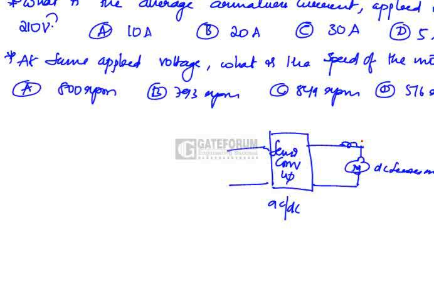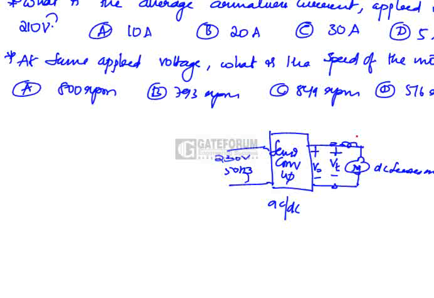Here we have a field winding in series with the DC motor. Let us take this as the output voltage of the converter, and this as the input terminal voltage to the motor. Now he has supplied 230 volts 50 Hz at the input side of the single phase half controlled rectifier.